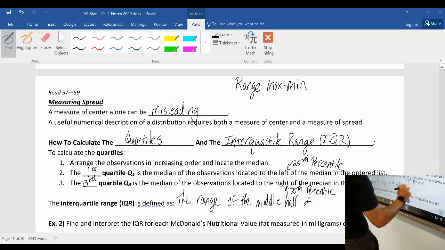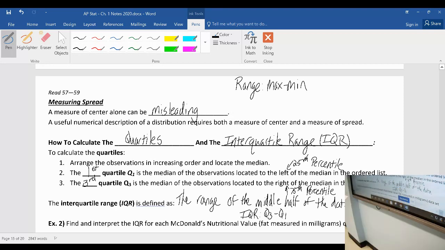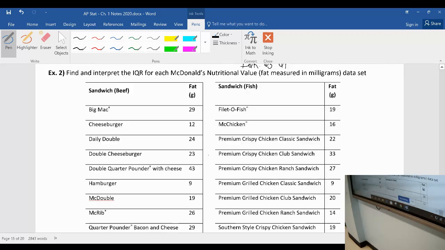And in order to calculate the IQR, it's just Q3 minus Q1. So it is a single number, okay? Q3 minus Q1. We'll go through this example in class on finding and interpreting the IQR.